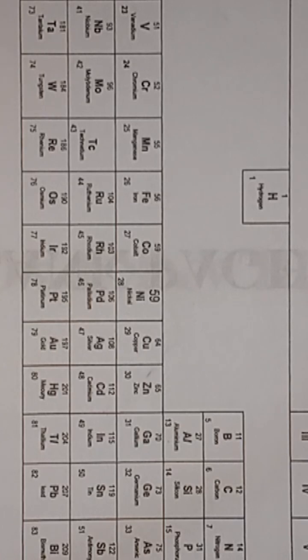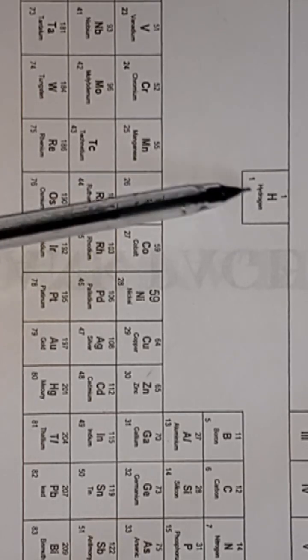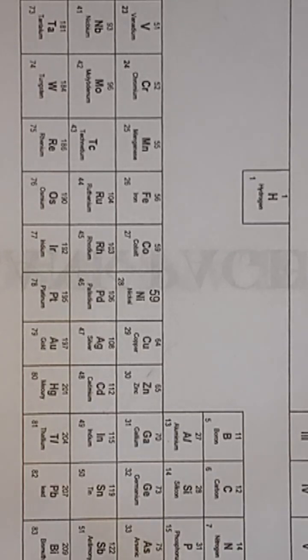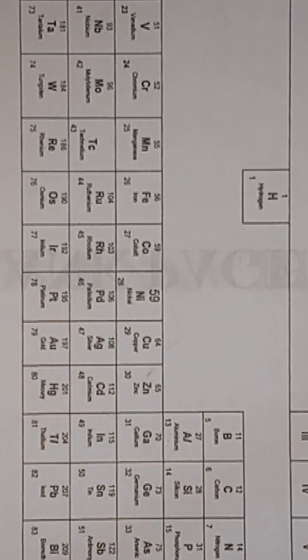So as you know, we have the first element on the periodic table, which is hydrogen. The atomic number of hydrogen is 1. Then we have 2 for helium. We have 3, 4, 5, 6, 7, 8, 9, 10, 11, 12, 13, 14, 15, 16, 17, 18, 19, 20, so on and so forth.